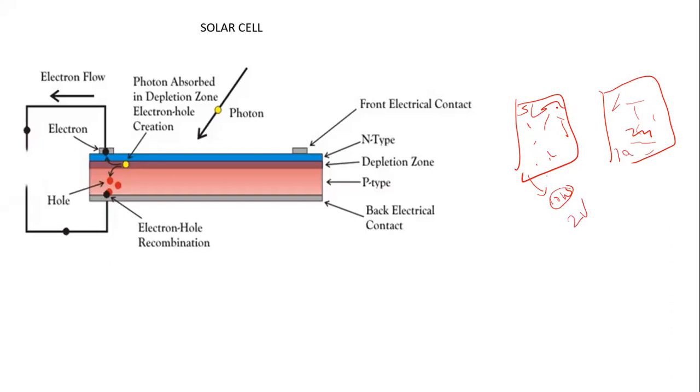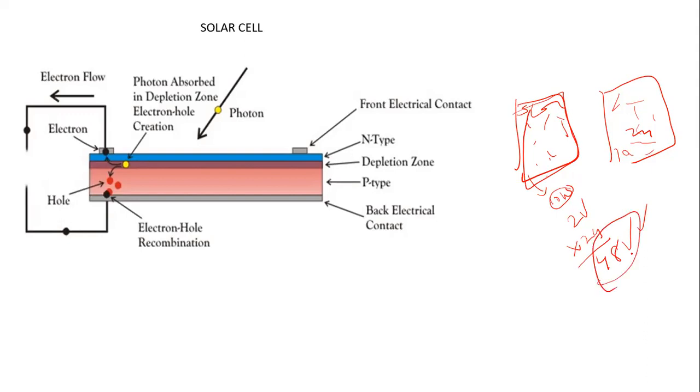If you add 24 solar cells in series, 24 multiplied by 2 gives 48 volt. This is just an assumption, but within one solar panel you might get 48 volt.